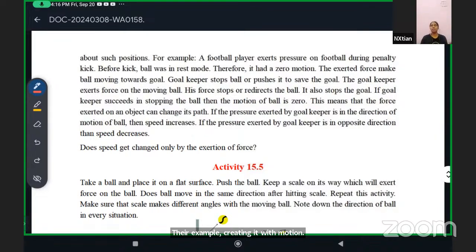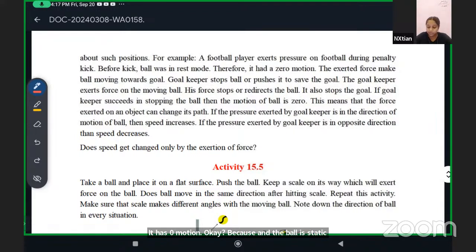So basically, what happens? You place the ball in front of the goal, then come and kick it so that it might go inside the goal post or not. But you have to kick it in the correct direction. Now, when the ball is placed in front of the goal post, it has zero motion, because the ball is static.